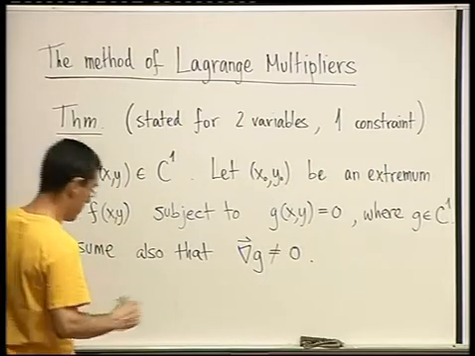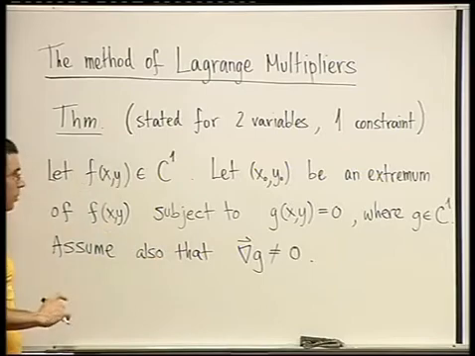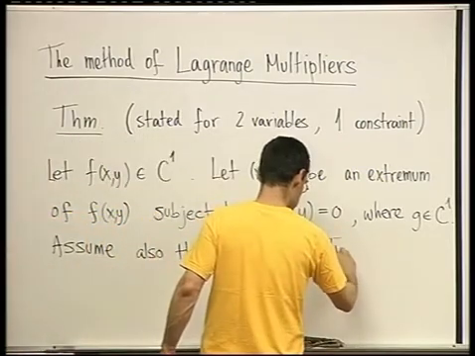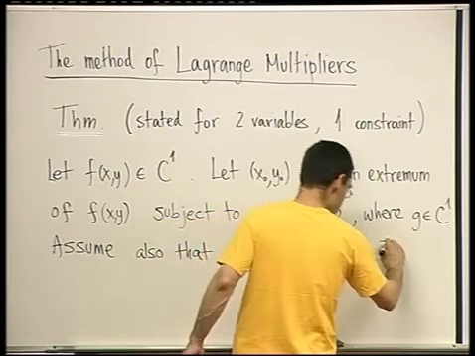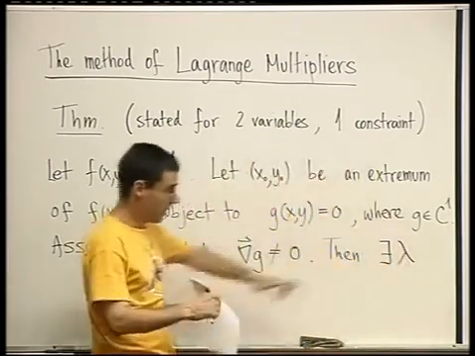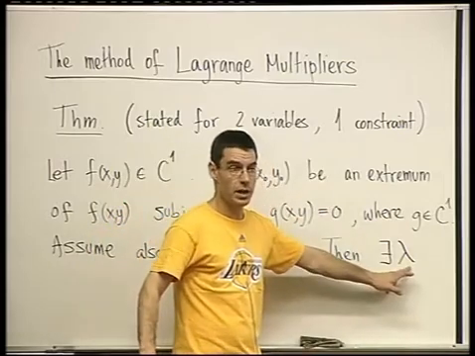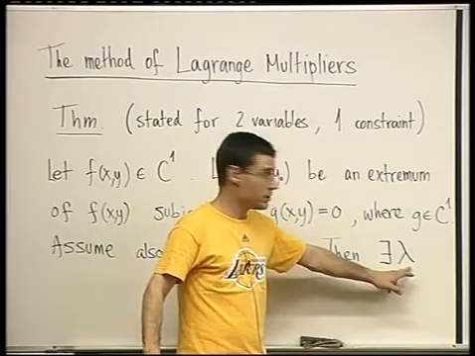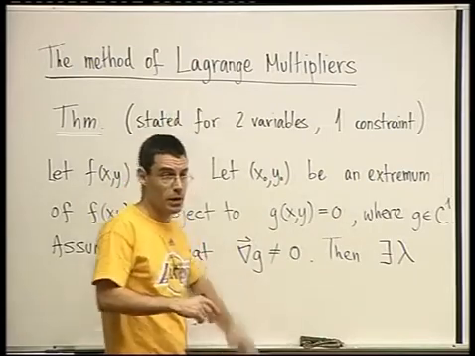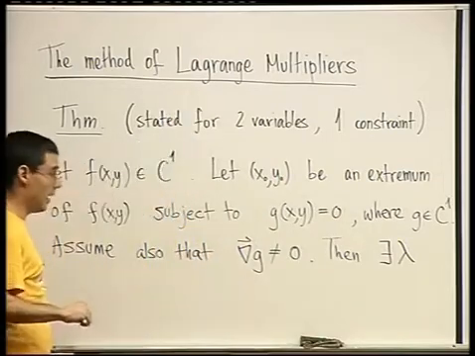And what does the theorem say? So far we just filled the board with assumptions. Then there exists a number which is usually called lambda. This is the Greek L standing for the French Lagrange written in English. Okay, so this is the Greek L, lambda.